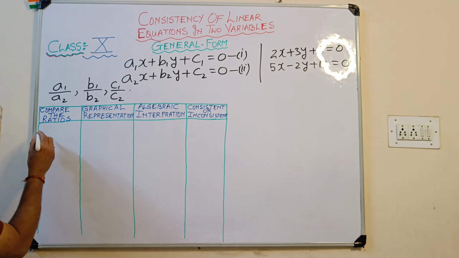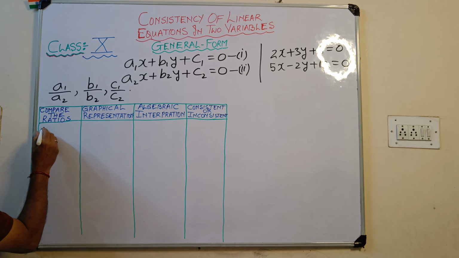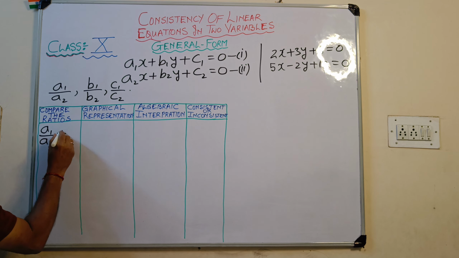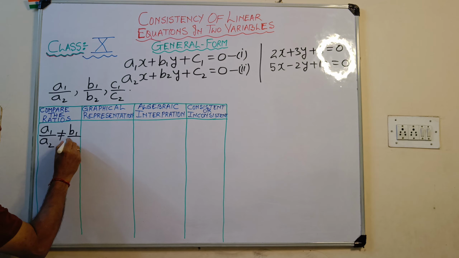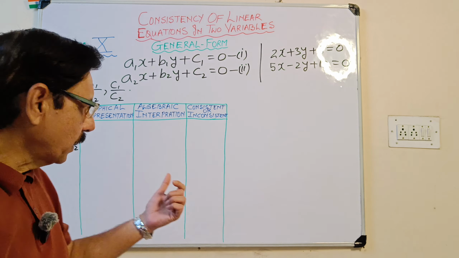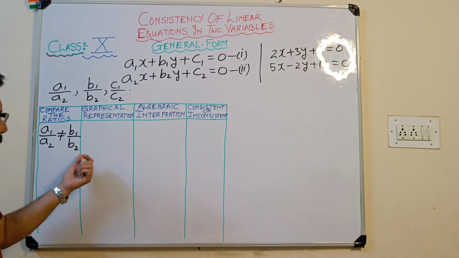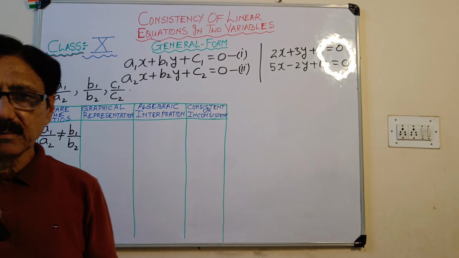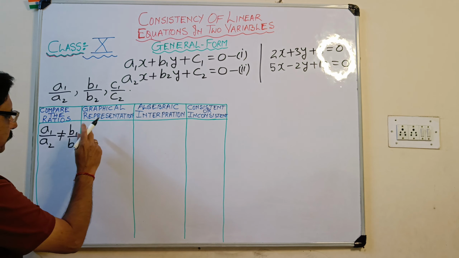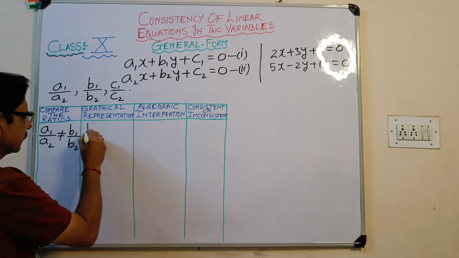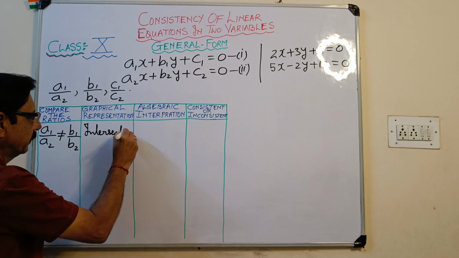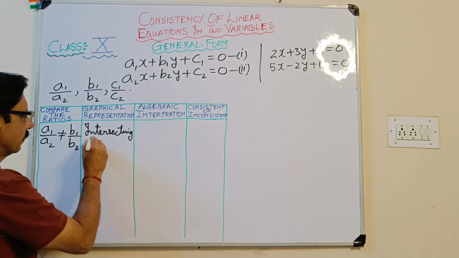Okay, so first of all, if we get the ratio a1 by a2 not equal to b1 by b2, this is the first condition. If a1 by a2 is not equal to b1 by b2, then the graphical representation is intersecting lines.